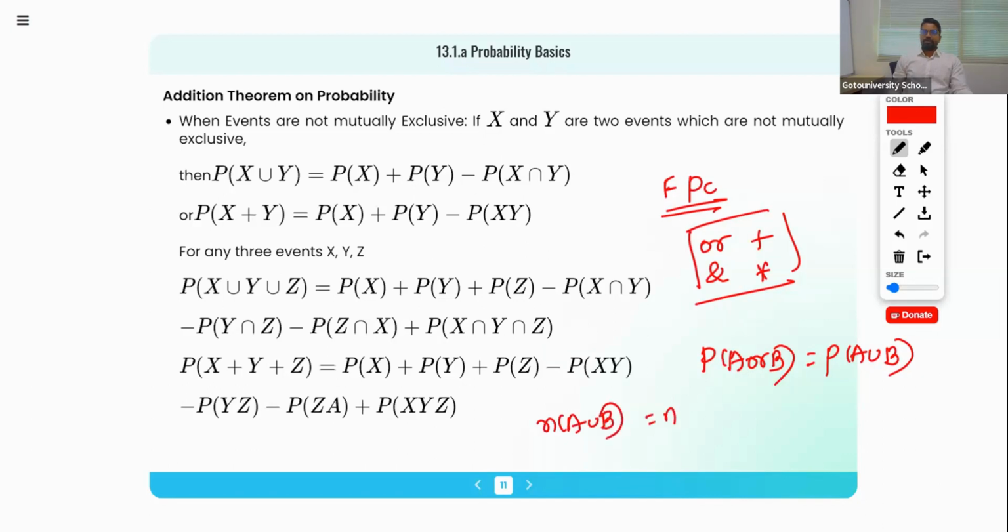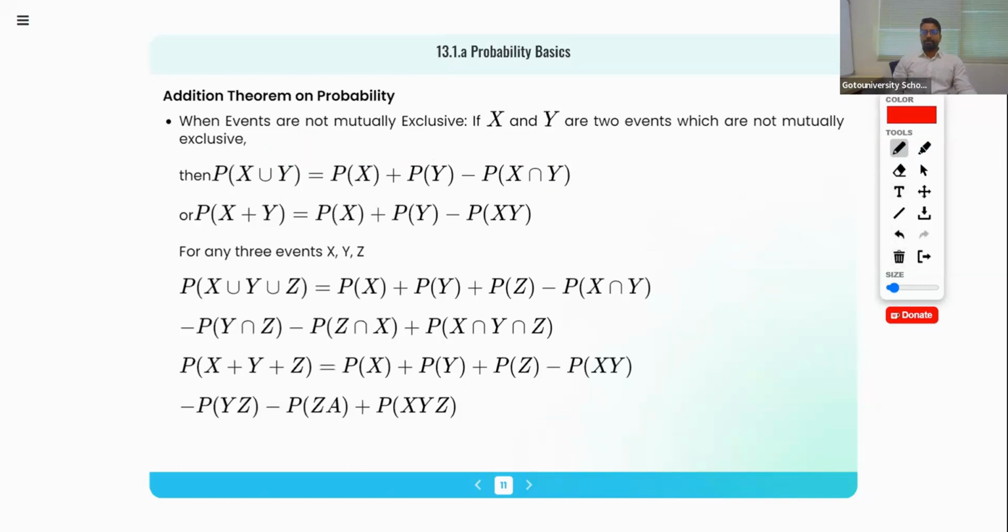N of A union B is equal to N of A plus N of B minus N of A intersection B. Same way, the probability of X or Y is given by probability of X plus probability of Y minus probability of X and Y. So same as plus here, and here a product. This stands for AND, this stands for OR. Remember this.